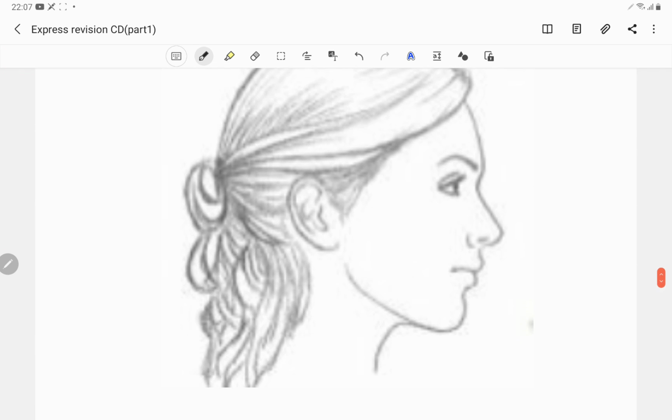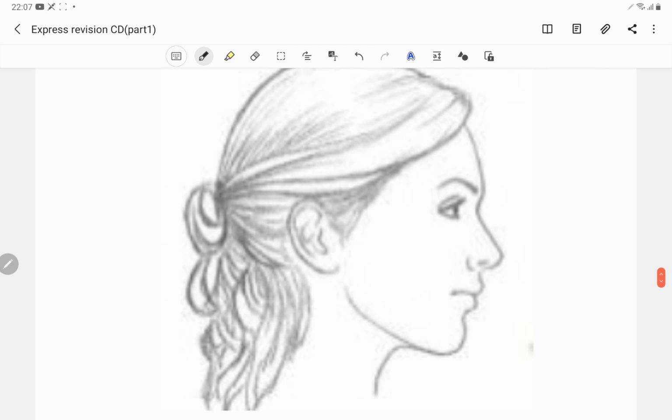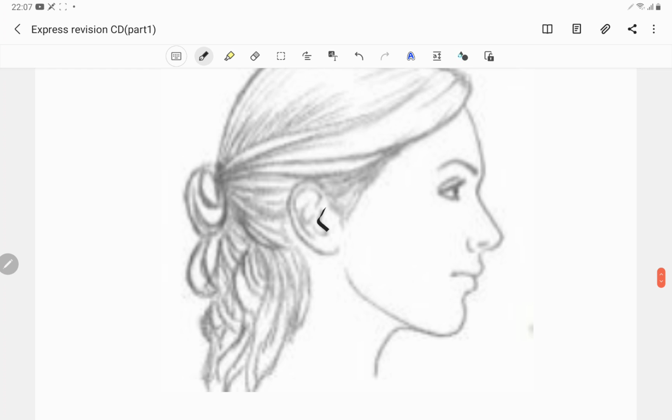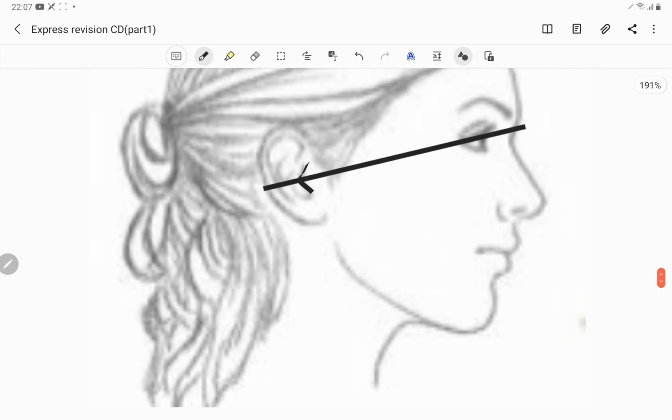Now first talking about the Beyron point. First of all we need to draw a line. This is the tragus of the ear and this is the outer canthus. So we are going to draw a line from the posterior margin of the tragus up to the outer canthus of the eye. So this is one line, and let's just zoom it.